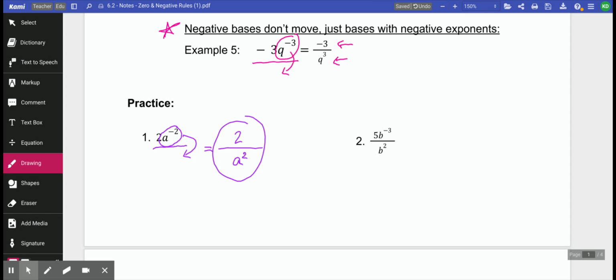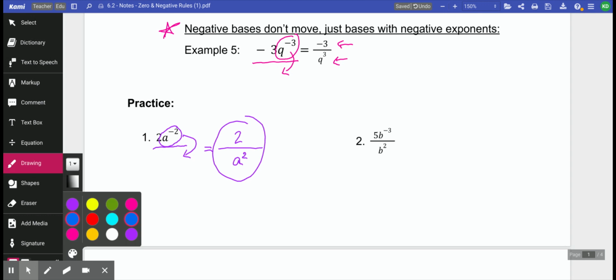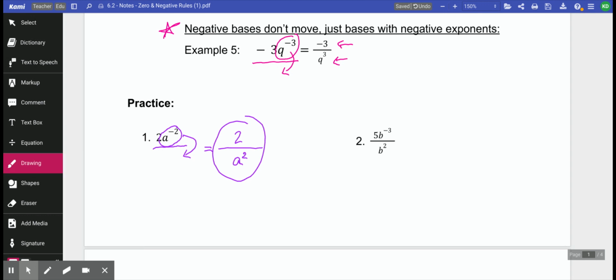It has that negative 2 exponent, so that one's going to have to move. So we just think cross the line, so it's going to go to the bottom, change the sign. So negative 2 is going to become positive 2. The 2 that was on the top of that fraction is going to stay there. So we're going to end up with 2 over a squared. So no negative exponents. We only have positive exponents.